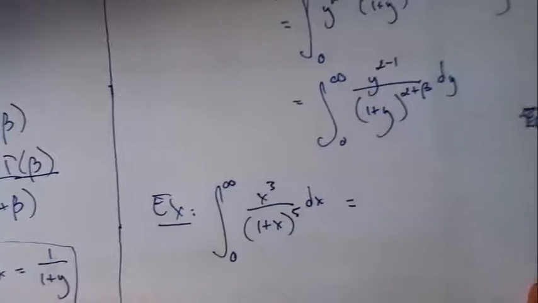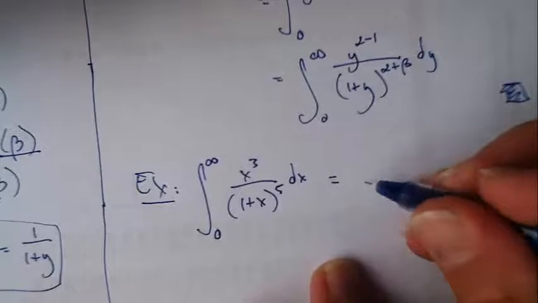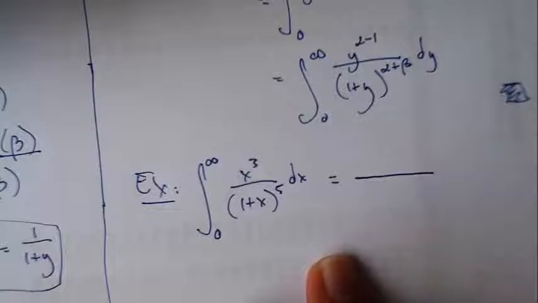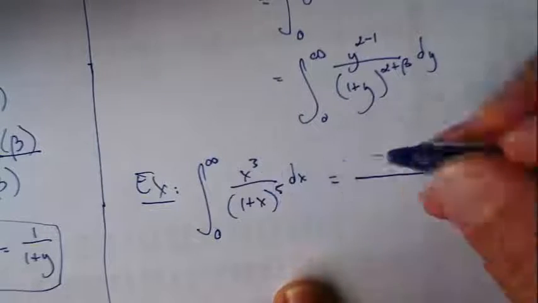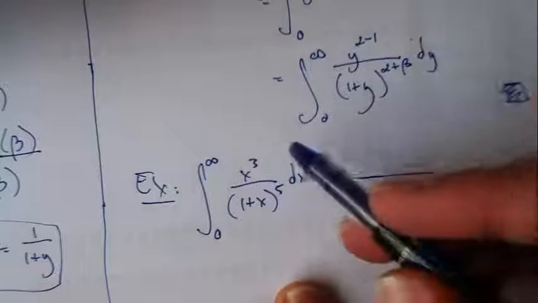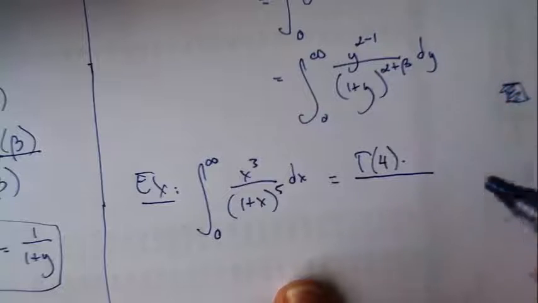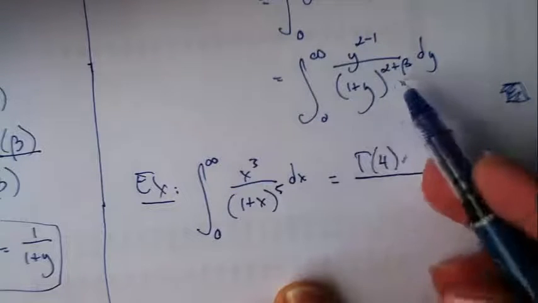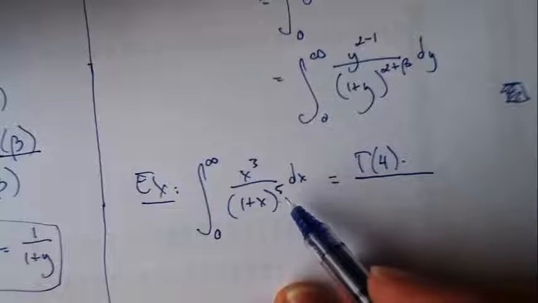right? How do you solve this? Maybe you want to pause the video here and take a stab at that. Okay. Well, let's see. Alpha minus 1 is this. So that means alpha is 4, right? This is going to be gamma of 4 times, let's see, 5 is alpha plus beta. Alpha is 4, so beta is 1.